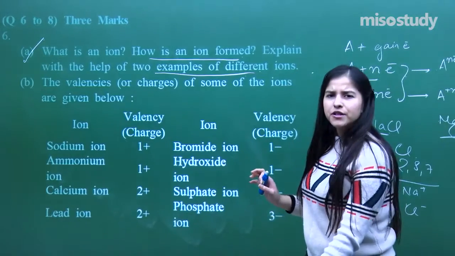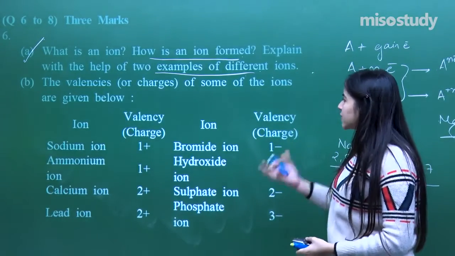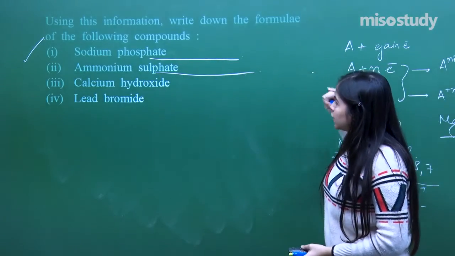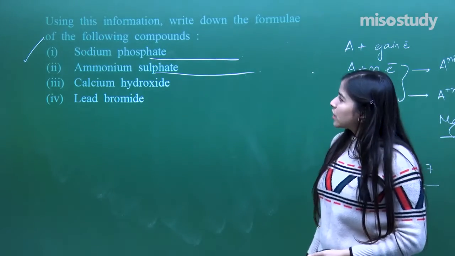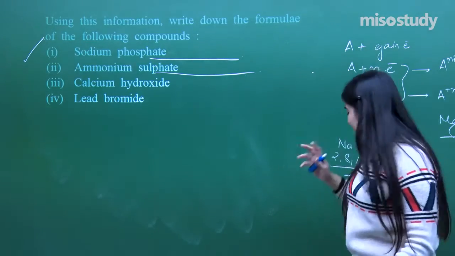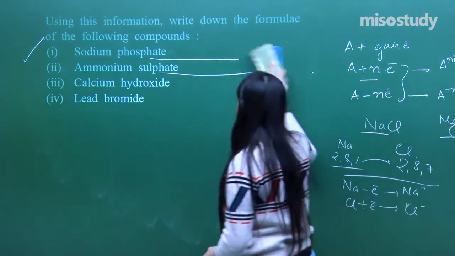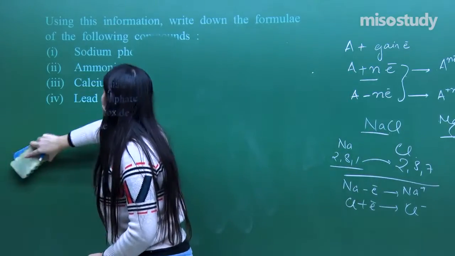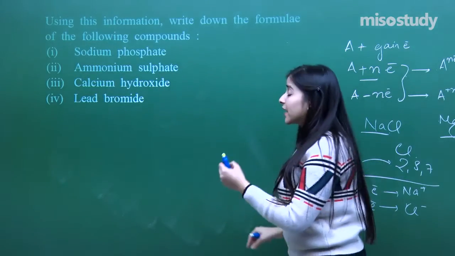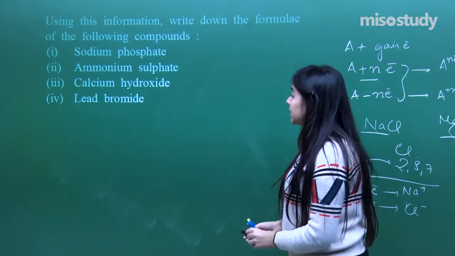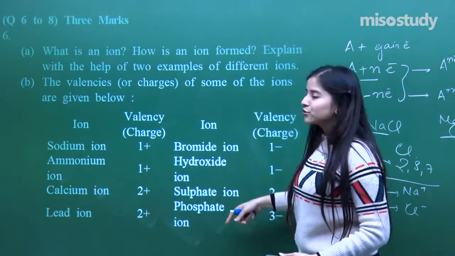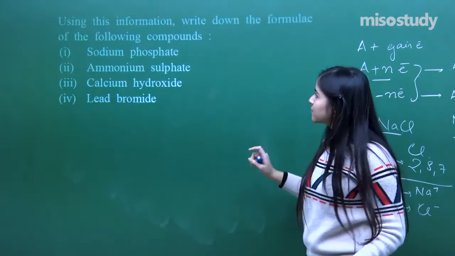Let us check out the question first. What do they actually need from us? Using this information, write down the formula of the following compounds. So basically, yes, as I was suspecting, they want us to write down the formula, because if you have noticed here, they haven't given any formulas for all the ions.